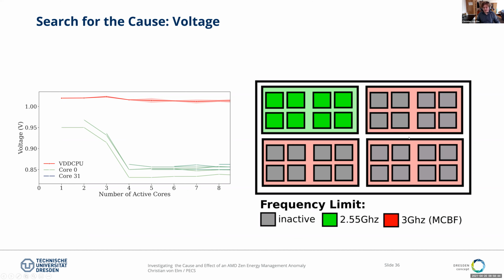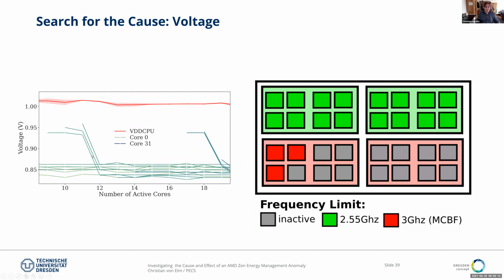And what we can see here is that for every state where the VDD CPU stays high, there's either a core where the frequency limit is actually 3 gigahertz, or a place where the frequency limit could be 3 gigahertz when the core activates.